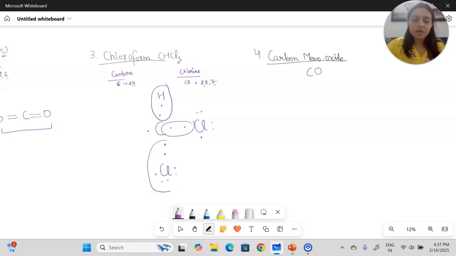So again this way chlorine will bond with the carbon. And likewise here also chlorine is there. In this way the chlorine will bond with the carbon. All right. So we can say that single bonds are formed.